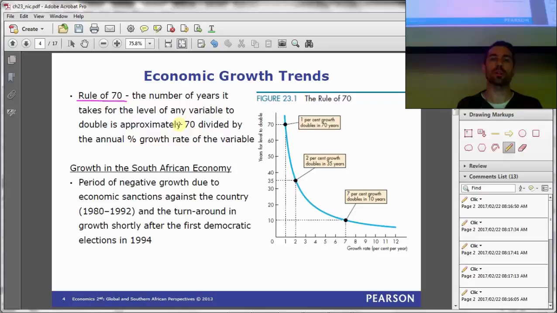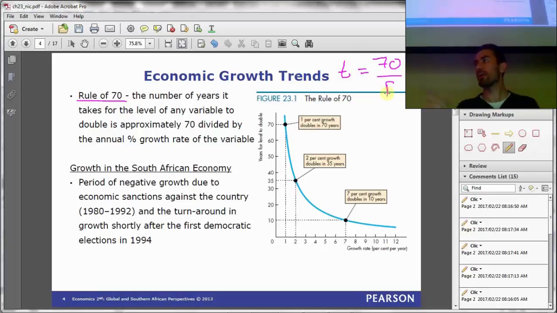The way you do it is you divide 70 by the growth rate. Let me give you an example. Time taken for something to double is equal to 70 divided by the interest rate.